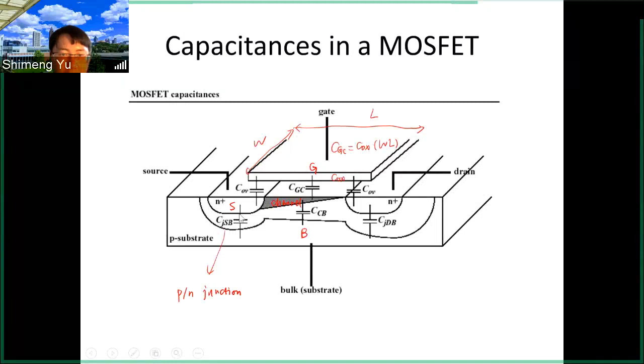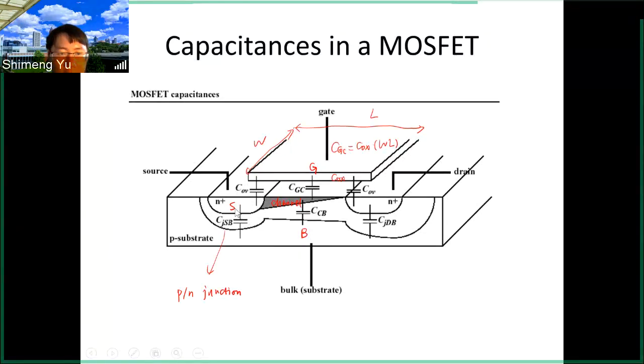If you recall lecture 7, in the reverse bias condition, the PN junction is like a capacitor. There is a depletion region, and the depletion region's width will change according to the voltage. So it's like a capacitor with a variable distance between those two plates. This junction capacitance will contribute to the overall capacitance of the MOSFET.